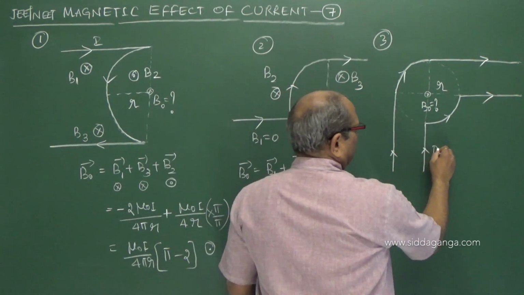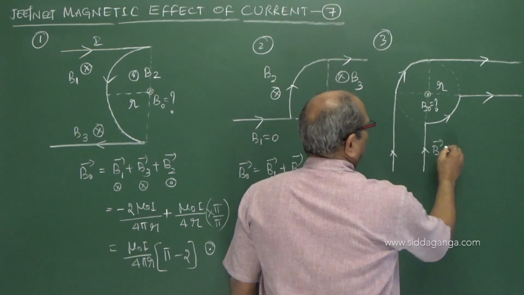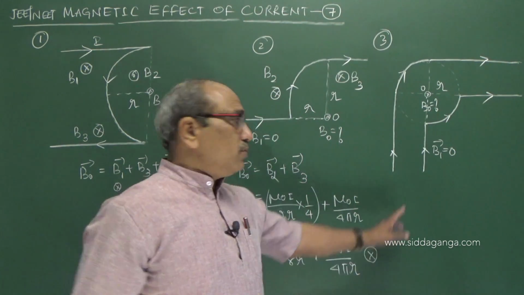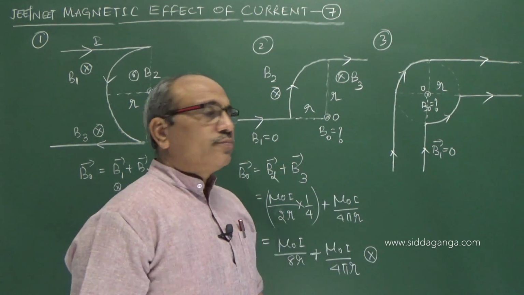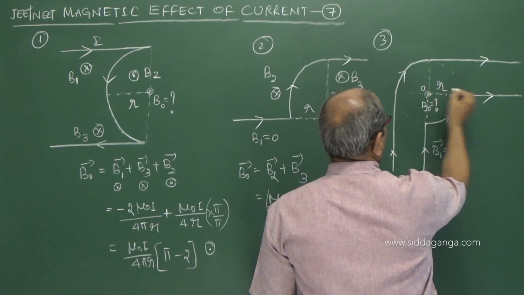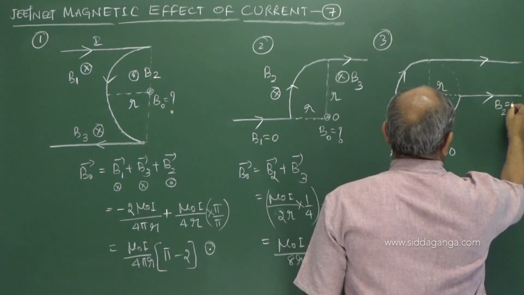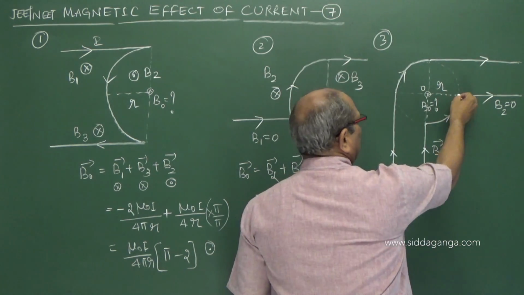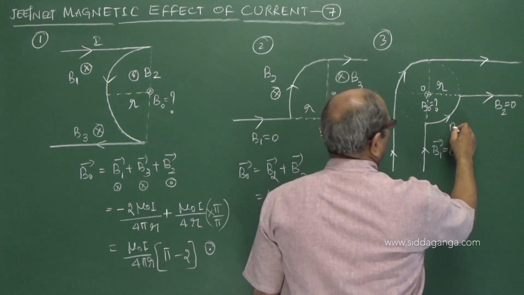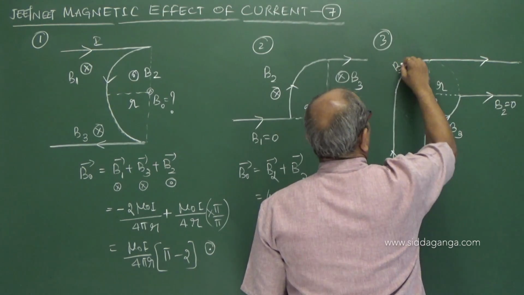However, before going to that, I take B1 is 0 because it is in line with point O. B1 is 0, it is in line. And again, if I call this B2, it is also 0 because it is in line. What remains? I can take this as B3 and B4.